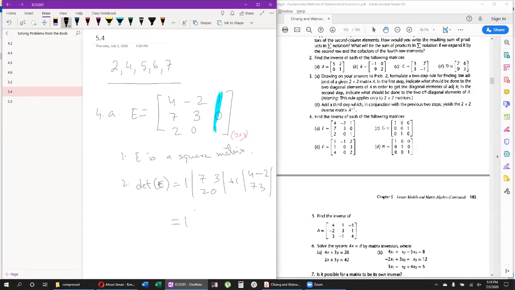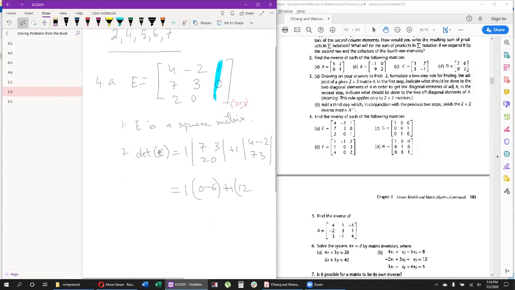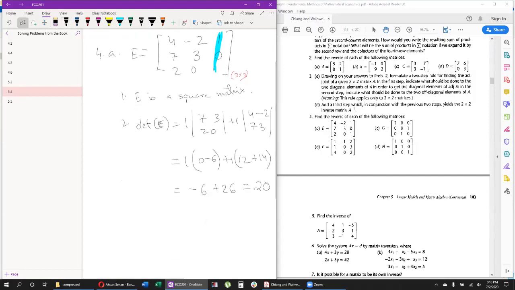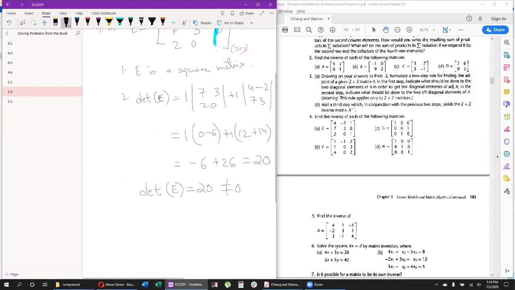So that gives me 0 minus 6 plus 1 times 12, minus minus, so plus 14. So what we get is minus 6 plus 26, so 20. So effectively, determinant of E is 20, which is of course not equal to 0.